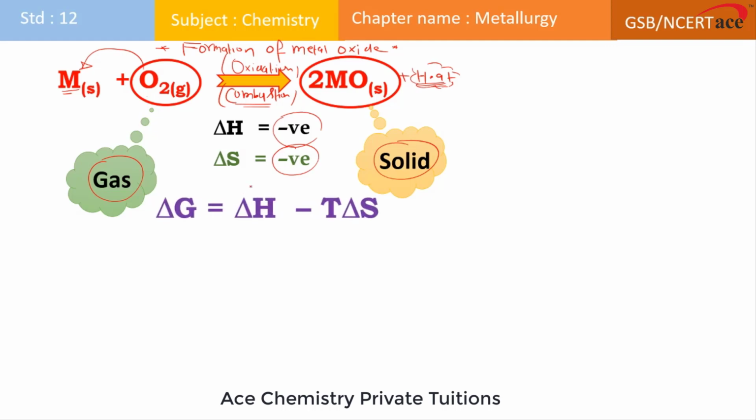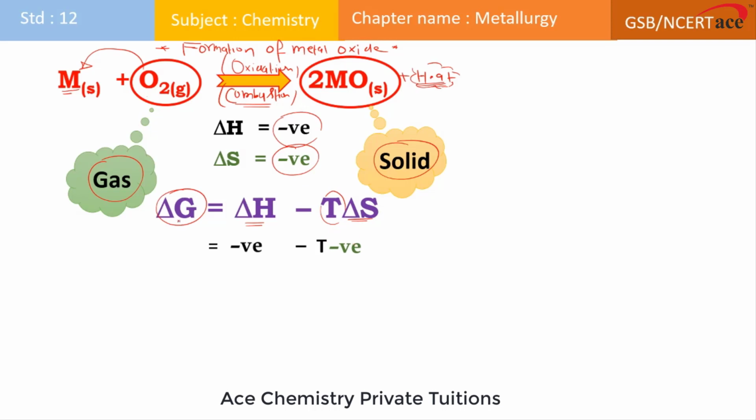Now we know the Gibbs-Helmholtz equation. In case number 2, delta G depends upon delta H and delta S, and here the temperature is taken on the Kelvin scale. So for the combustion of the metal, the value of delta H is negative, as well as the value of delta S is also negative.